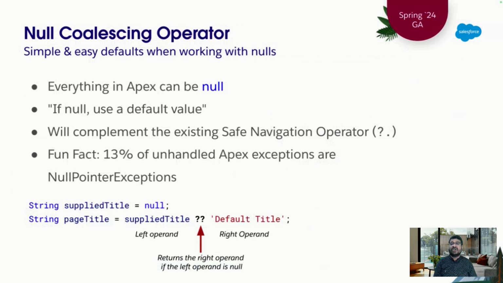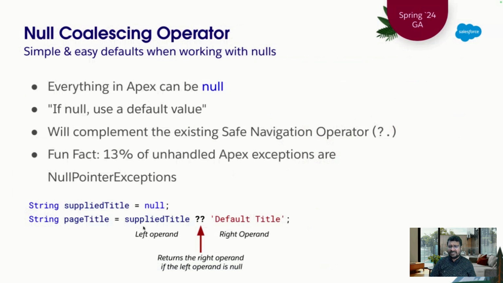Now, what I'm going to talk about is the null coalescing operator, which is a little different from your safe navigation operator, and it can be used along with it. The fun fact here is that around 13% of unhandled Apex exceptions are null pointer exceptions. So you know the benefit of both the safe navigation operator and the null coalescing operator.